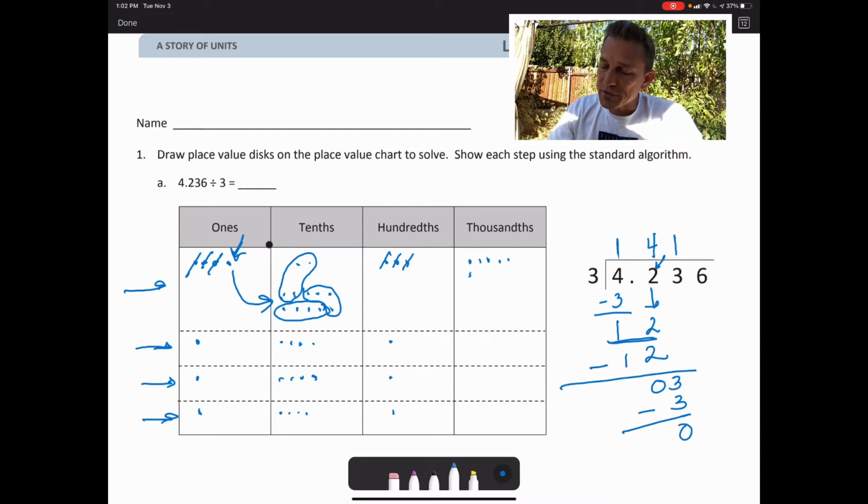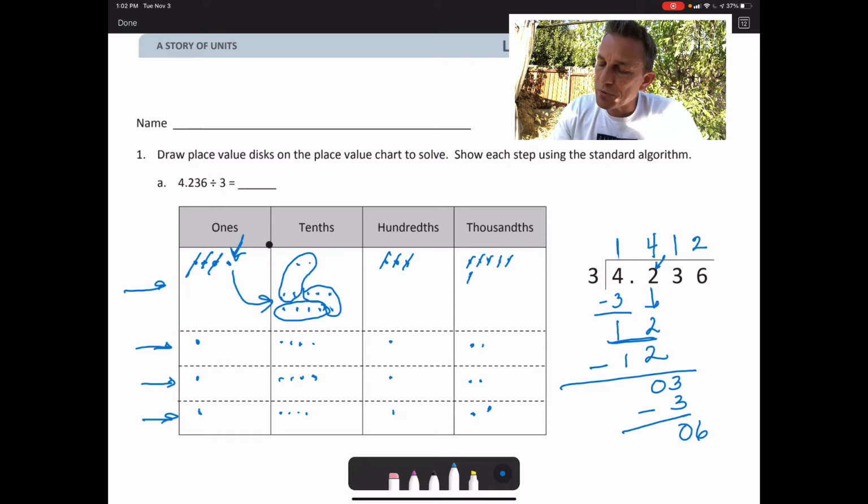Now there are 6 thousandths. So how many thousandths can I share for each group if I have 6 thousandths? 6 thousandths divided by 3 is 2 thousandths. So I would put 2 thousandths here, and that would take care of all of these thousandths.